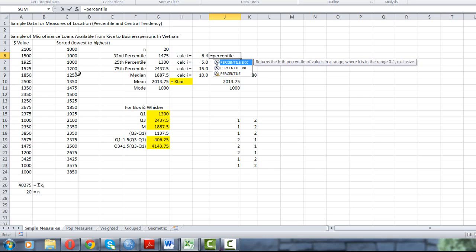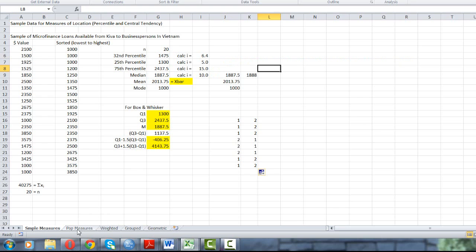So if I got a value of 4.2, let's say, it would actually take 20% of the difference here and add it to the 1200. So we'll stay with the Grosvenor procedure.